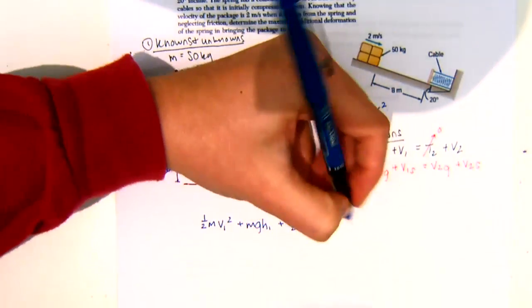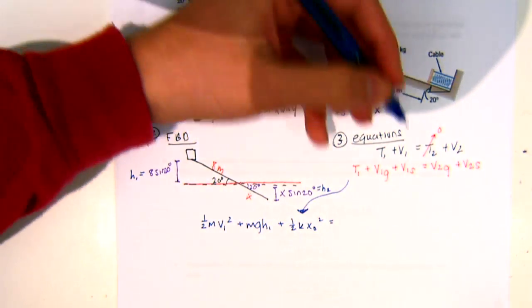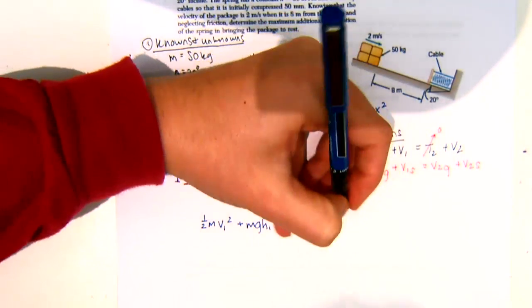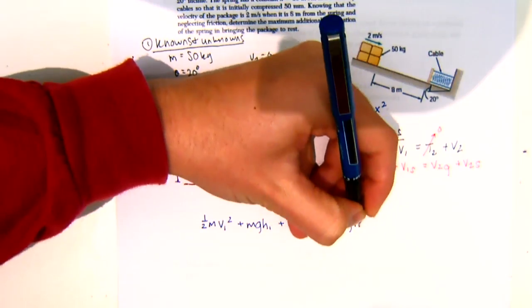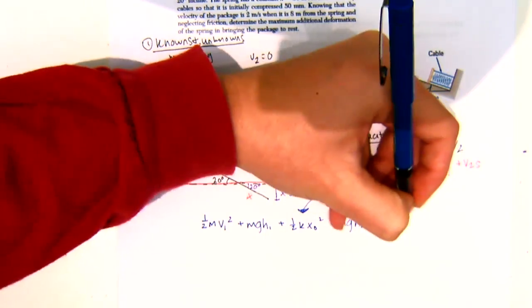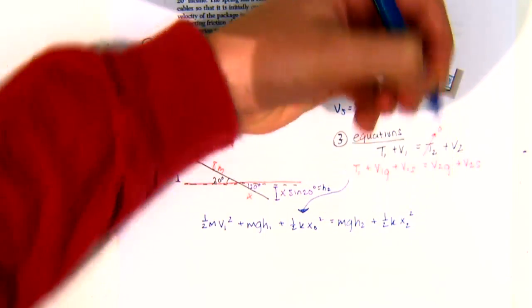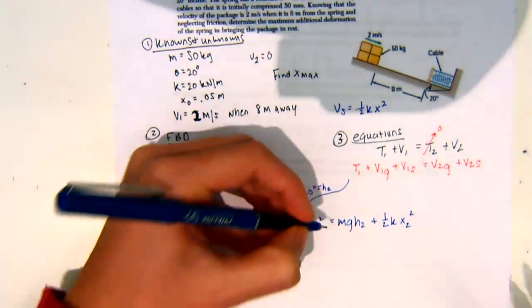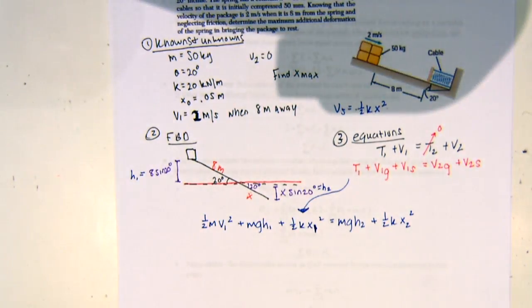This will equal, so kinetic is 0, my V2G will be m g h2. Then I have plus 1/2 k x2 squared. Good? So now we're going to plug everything in.